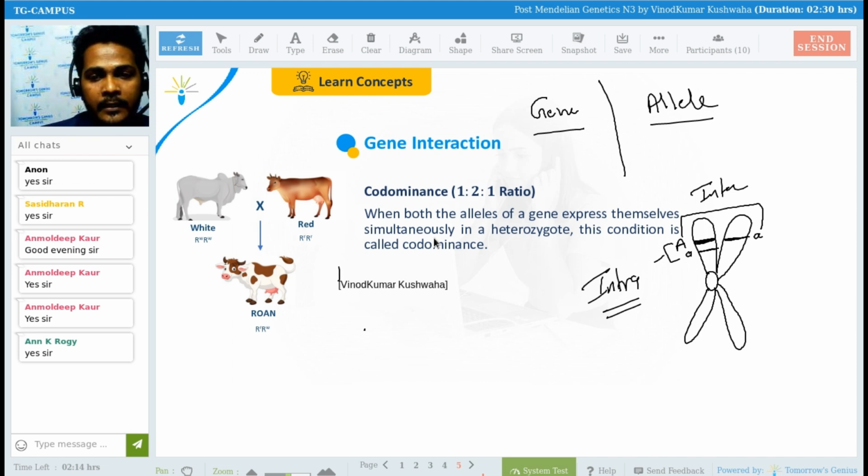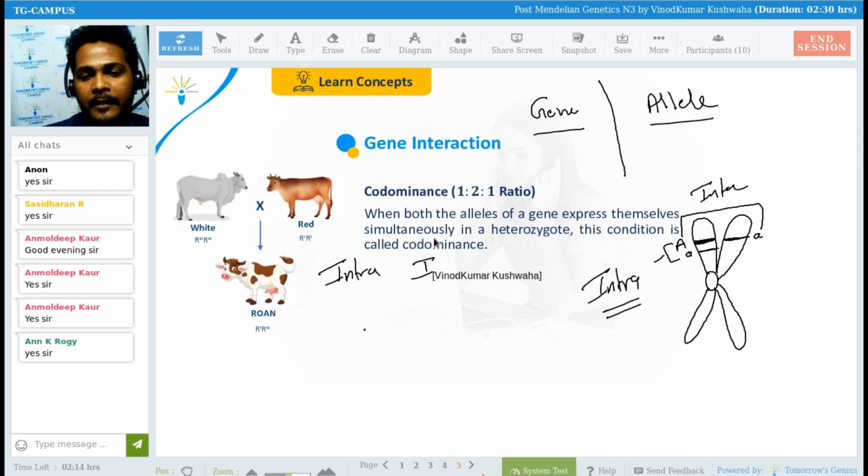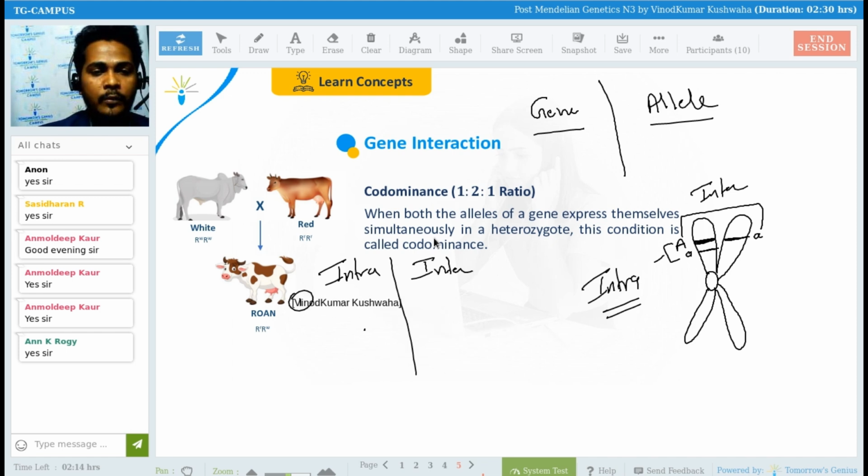Okay, so let me write here intra and intergenic. Now here intragenic, as you know very well the differences. What are the types of these intragenic interactions? In that you have already studied incomplete dominance. Yes, incomplete dominance is part of intragenic interactions.